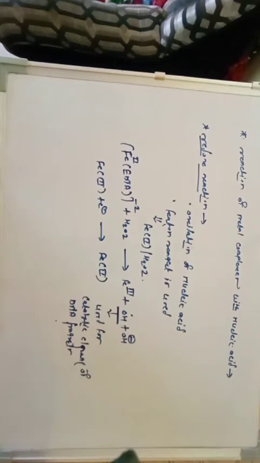The nucleic acid also has a phosphate group and nitrogen bases, and therefore it is also in anionic form. So there is a repulsion between these DNA molecules and these metal complexes, and therefore it cannot be used directly.